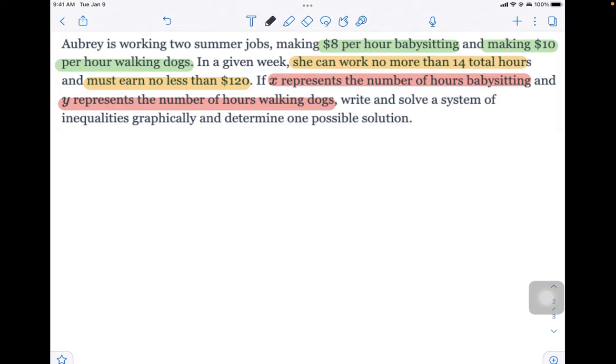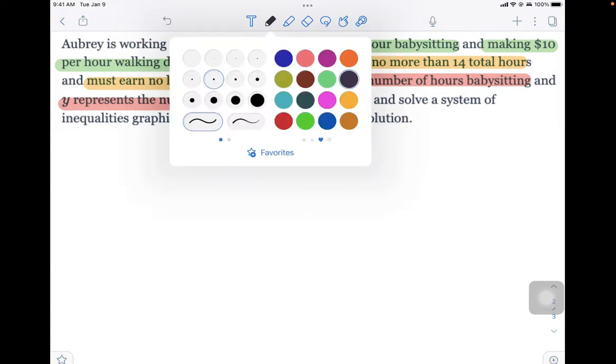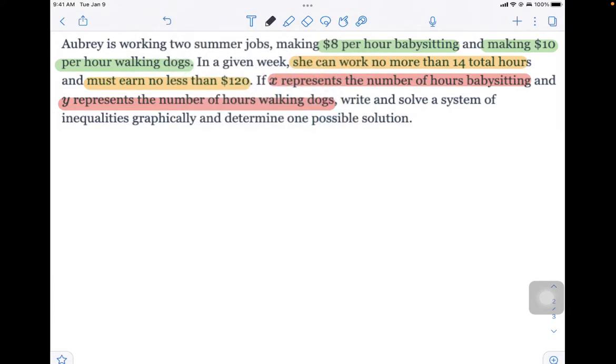Let's start with our let statements. We always have to start with our let statements. Let X be equal to the number of hours babysitting.